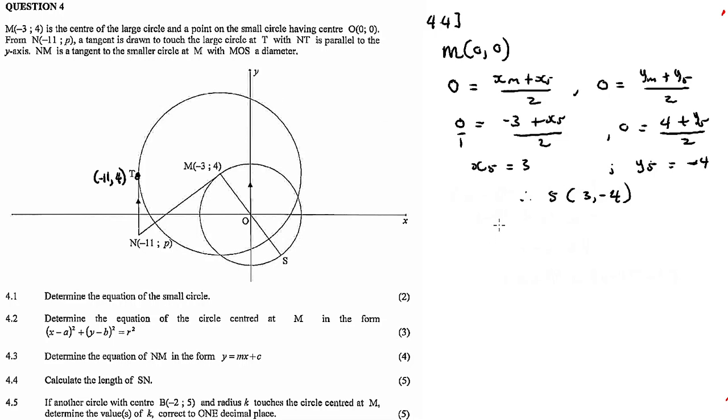Okay, since in the equation of NM, which is 3 over 4 x plus 25 over 4, if I substitute minus 11 in this equation it will give me the value for P. So I have solved the problem of S, and now I have solved the problem of P. Now we can calculate the length SN. 3 over 4 x, what is x? X is negative 11, plus 25 over 4.